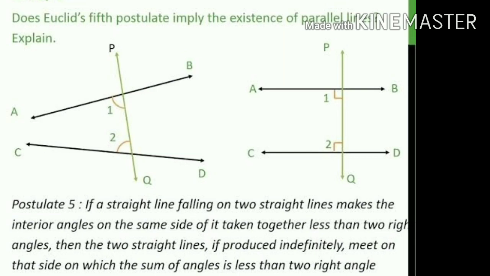It is very simple, children. If the sum of two interior angles formed is less than 180 degree, then these two straight lines AB and CD, when they are extended, will not be parallel and they will intersect each other at some point. These are the 5 postulates of Euclid.